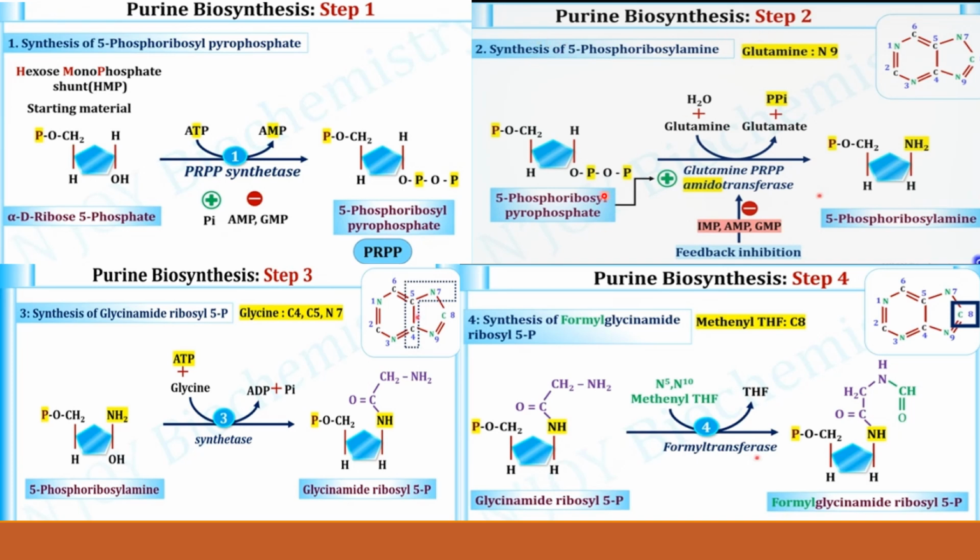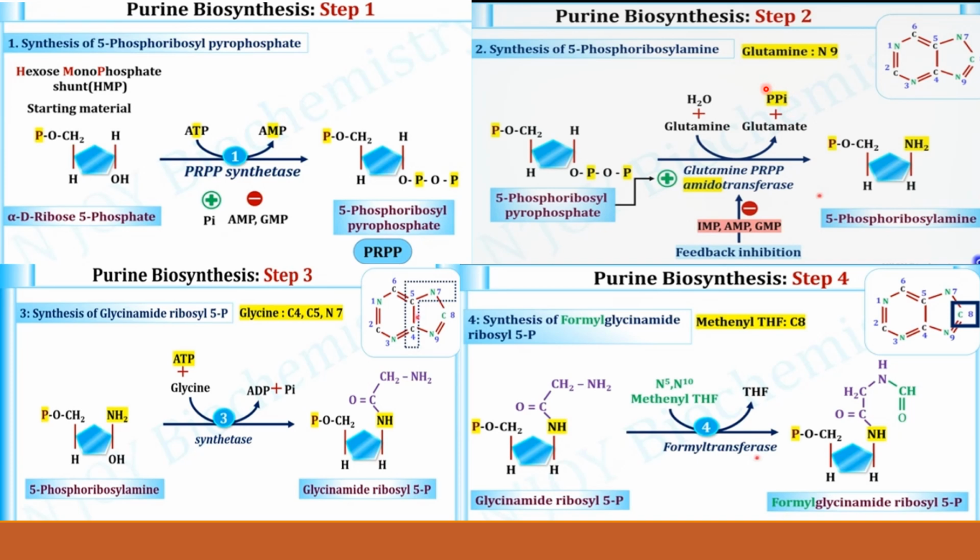In the second step, this PRPP molecule is utilized, and here a glutamine is used. This glutamine donates the amino group to PRPP, and the pyrophosphate molecule is released.